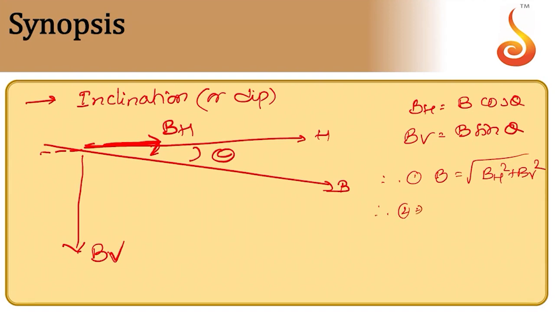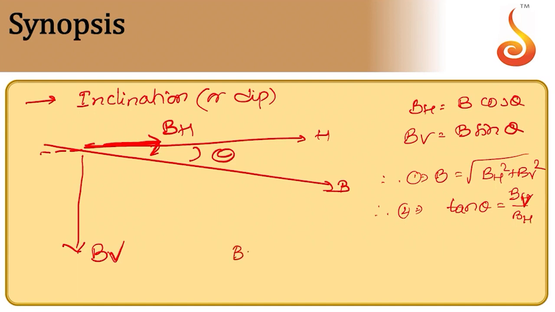And the second relation is we can divide one by the other and that gives us tan theta is equal to BV divided by BH. So, we can also write BV is equal to BH tan theta.